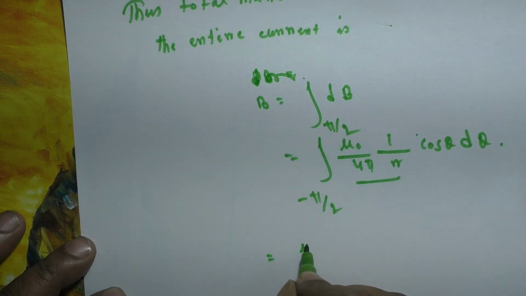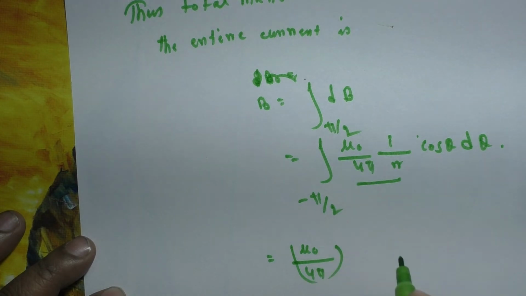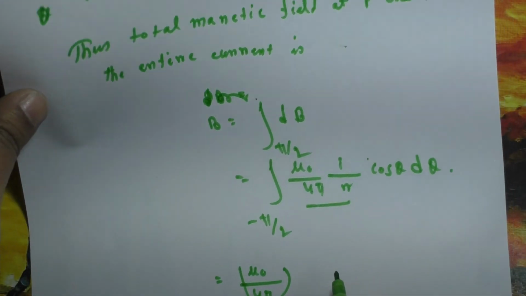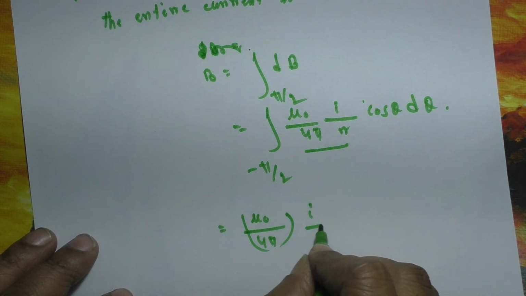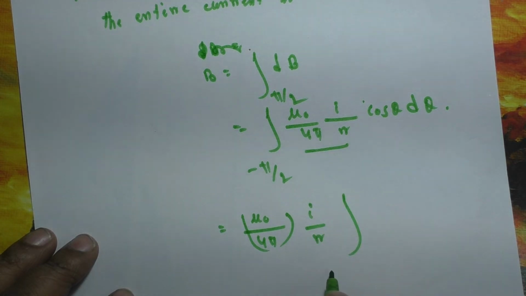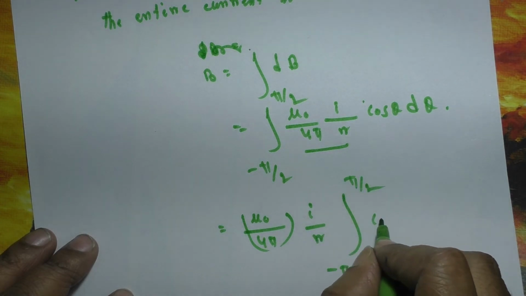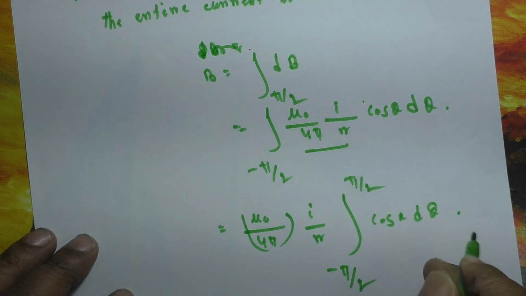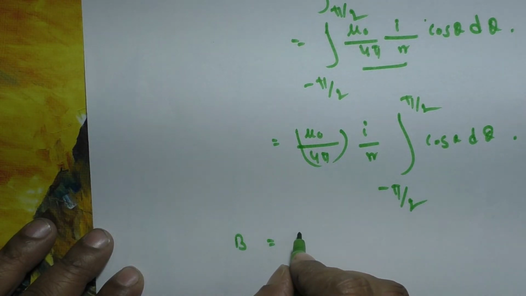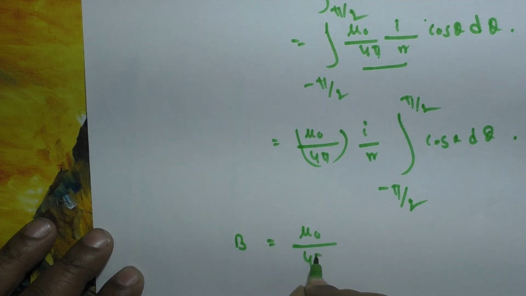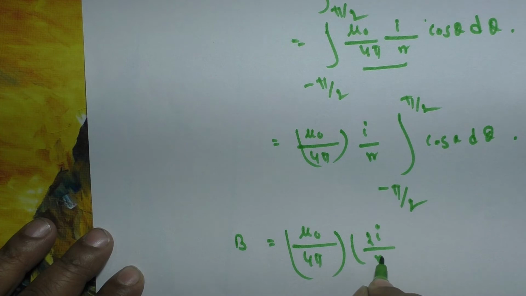so we can write mu 0 by 4 pi, this is a constant term, and I by r also a constant, so integral from minus pi by 2 to pi by 2 of cos theta d theta, and we get B equal to mu 0 by 4 pi times 2I by r.